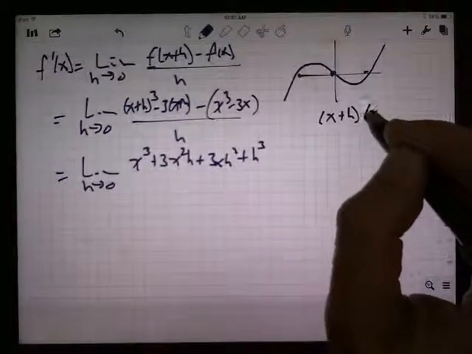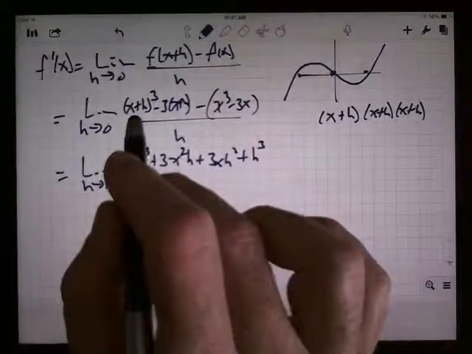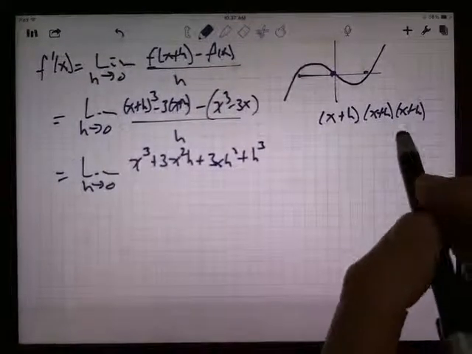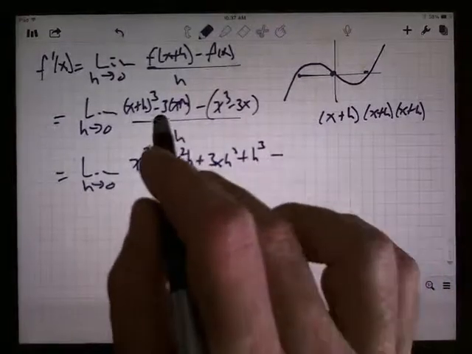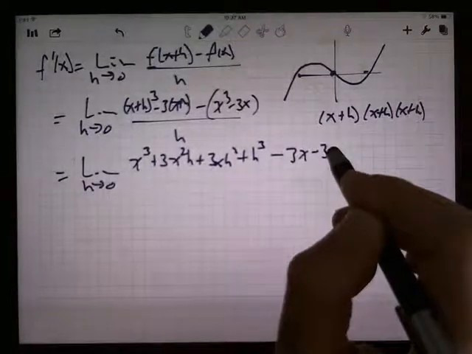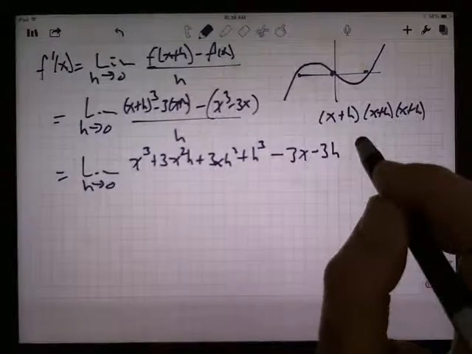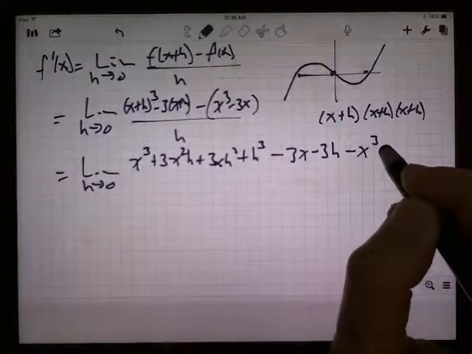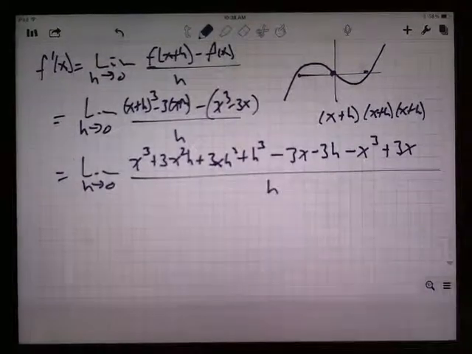This is x plus h times x plus h times x plus h. That's what the x plus h cubed means. And you FOIL this out, and then you FOIL that out. And anyway, there's the result. Then I have minus 3 times x plus h, so that's minus 3x minus 3h. And then I have minus this stuff, so distributing that minus sign in, I've got minus x cubed plus 3x, the whole thing divided by h.